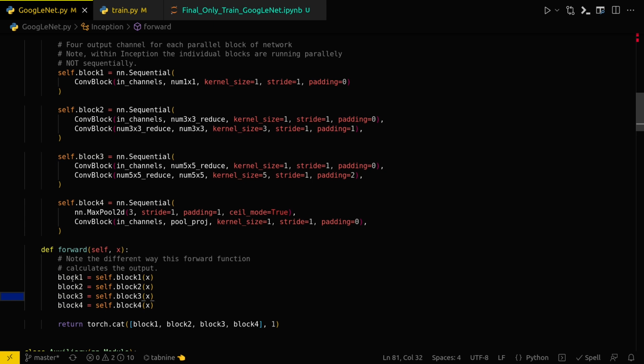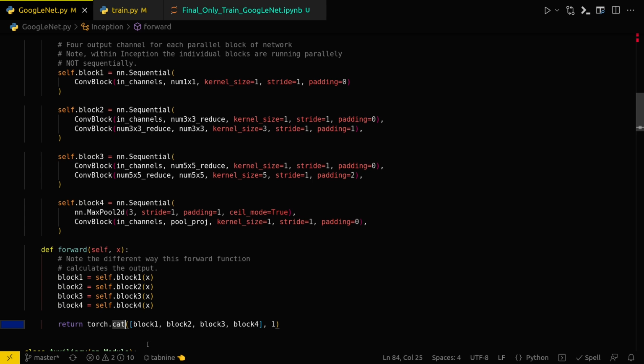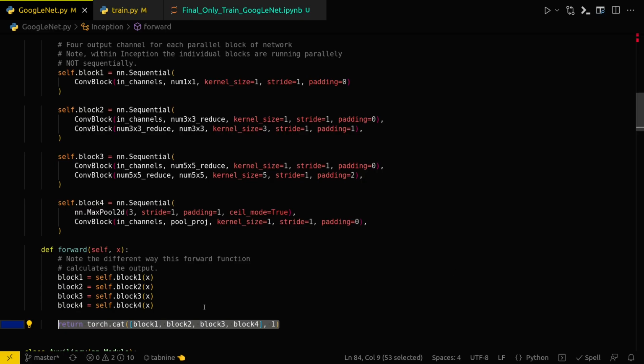Then I have to concatenate these blocks with torch.cat, and this is my final return, and this final result will go to the next layer. That is, after the results are concatenated as shown with these arrows, this concatenated result goes to the next step of execution, or next layer.